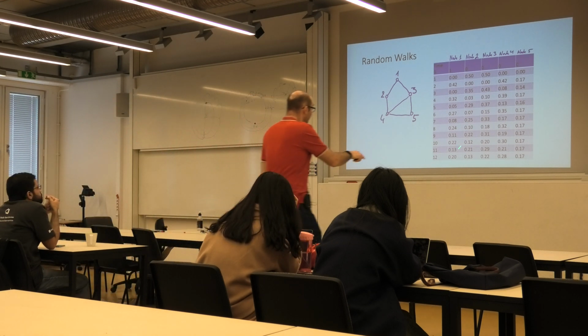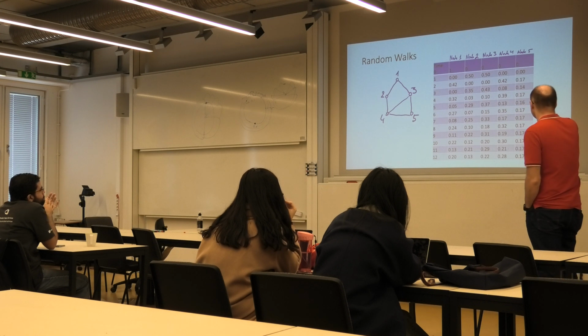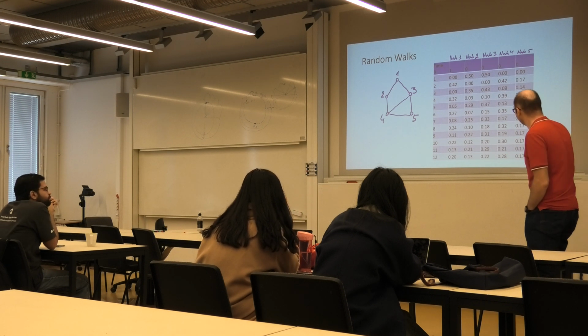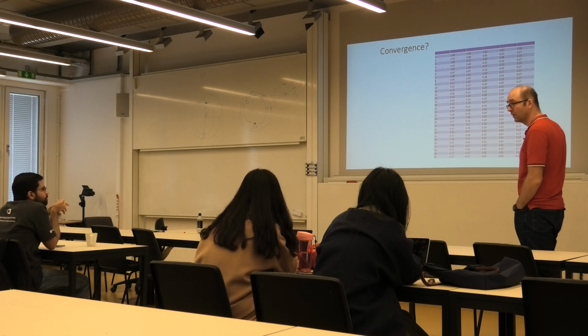So if you continue this, something happens. It's still not converged, so the 10th is not the same as the 11th, and the 11th not the same as the 12th. But if we do it further, at some point we realize that things got the same. So the 29th row is the same as the 30th row.